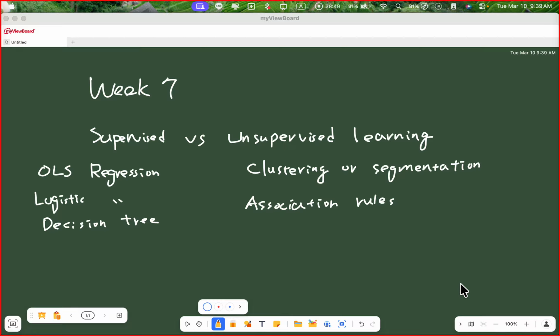So this will usually be the main purpose of applying unsupervised learning: to help you do the segmentation or clustering on the data set.